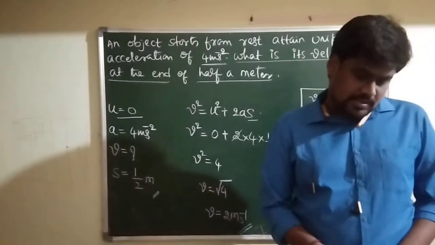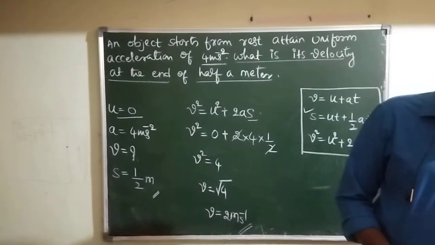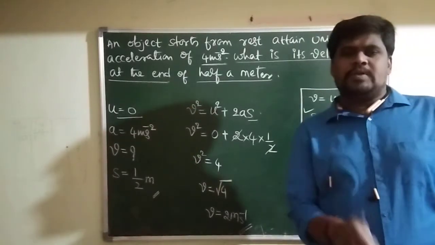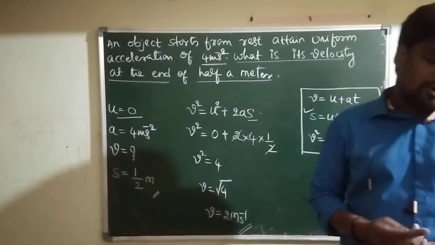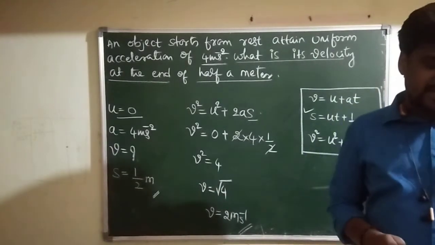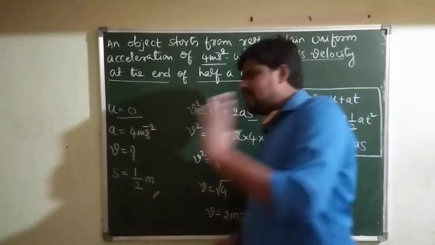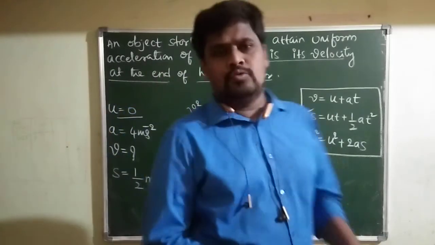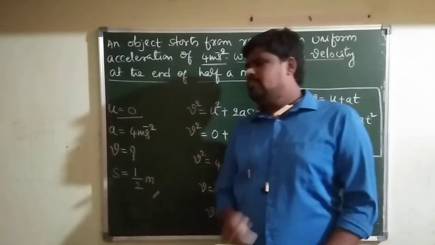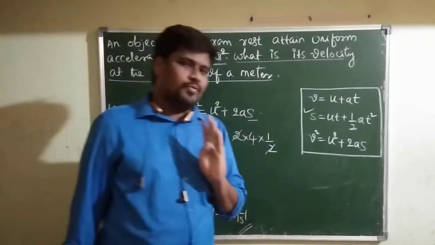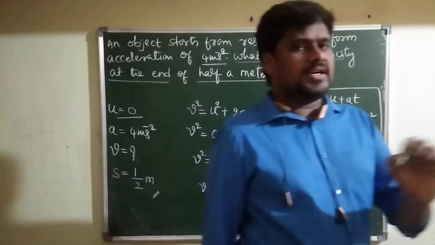Imagine that an object is moving with a uniform velocity of 7 meter per second, and it does not change its velocity for at least 10 seconds. Concentrate here.